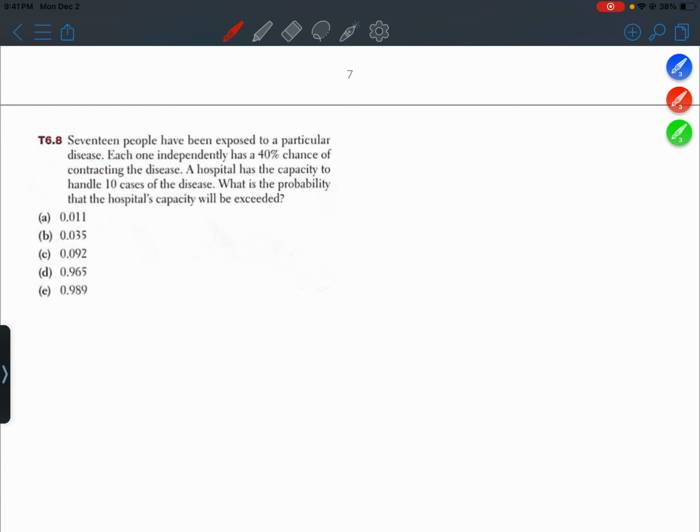Okay. All right, so let's define some variables. X is going to represent the number of people who contract the disease.